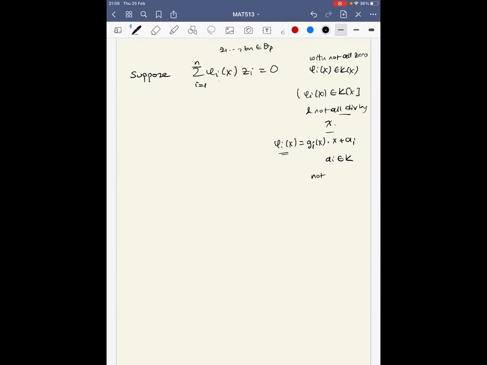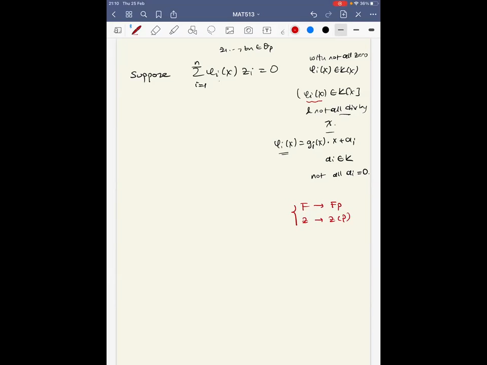Not all divisible by x means that not all constant terms of phi_i of x are 0. Also note that phi_i of x is a polynomial, so it is also a function, and we may consider its evaluation at P with respect to the residue class map.